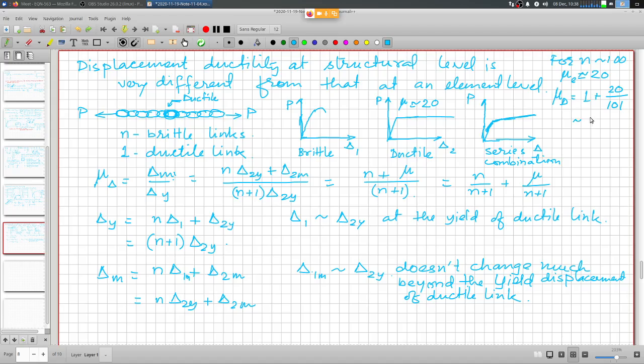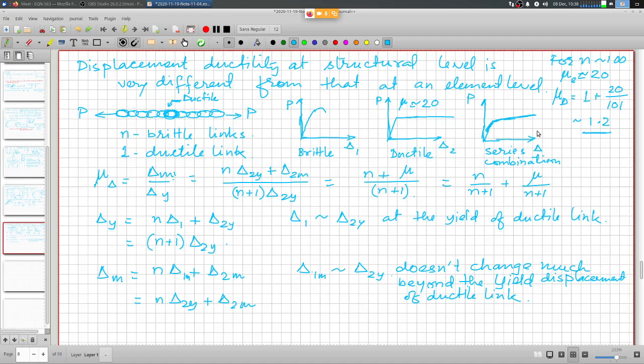So this is approximately 1.2. So now you can appreciate the difference between the integral behavior and the individual behavior.